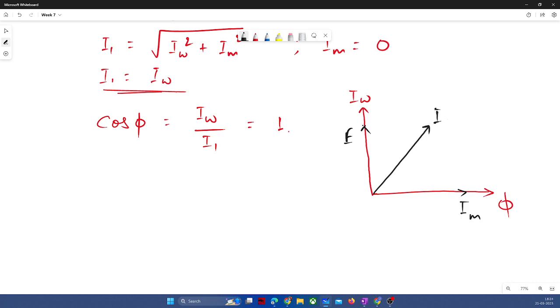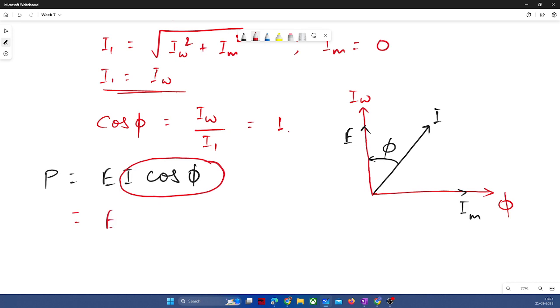Ideally this I should be on the y-axis, but due to the magnetizing component, you will get current somewhere in the middle, and that angle will be phi. This is the power factor angle. If you calculate active power, E into I cos phi, and I cos phi particularly becomes IW. That will be your active power, which will be transferred to the secondary side, right?